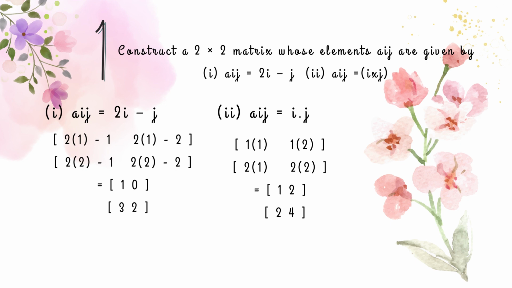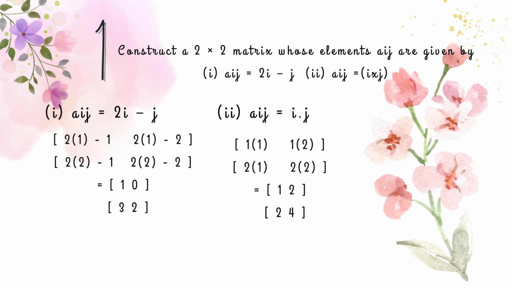Next, a22, second row, second column. That's 2 into 2 minus 2. So eventually the answer is 1, 0, 3, 2.